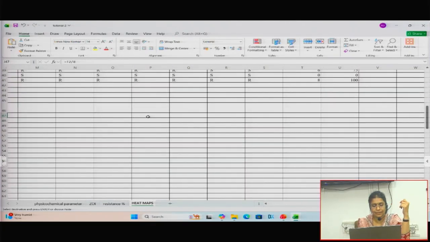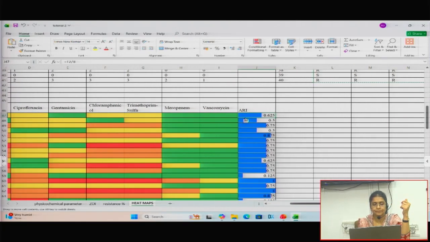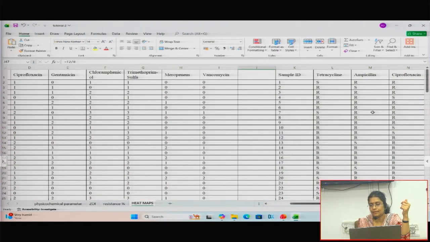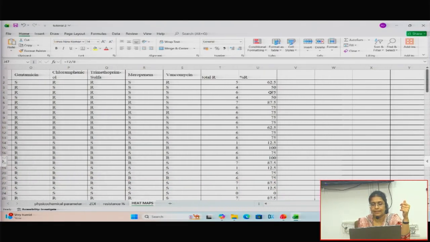Go ahead and calculate that also. You know how you calculate the ARI: you have the total R with you, right? That value of R divided by the total number of antibiotics. It means 5 by 8. For the second one, it would be 4 by 8. Total number of resistant samples divided by the total number of antibiotics.